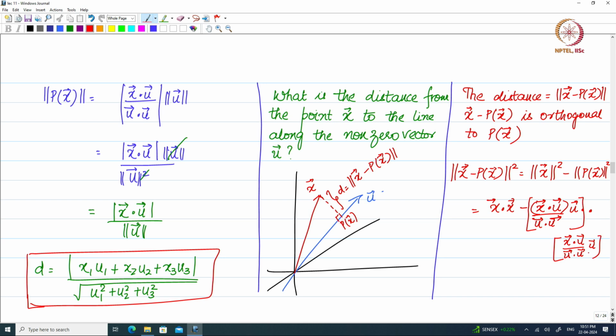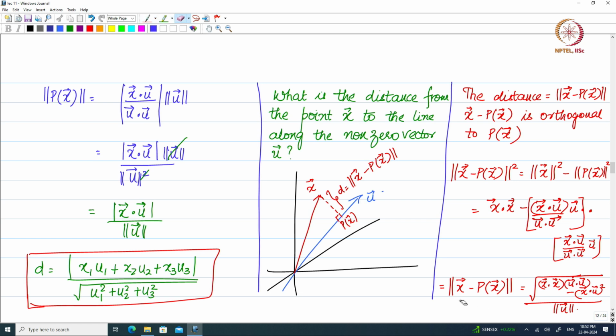If we simplify this, we get the length of this as the square root of x dot x into u dot u minus x dot u the whole square, the whole thing divided by the vector length of u.